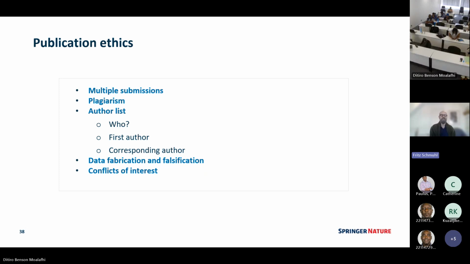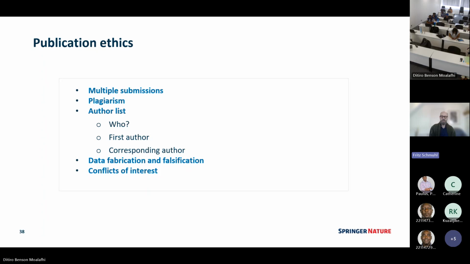Somebody like that is somebody who should be listed in the acknowledgement section, because a person who is an author is regarded as somebody who made a substantive contribution to the article, meaning somebody who contributed to this part of the article, but somebody who did, for instance, formatting, language checking, proofreading, that is somebody who did not make a substantive contribution, but instead should just be listed in the acknowledgement section.